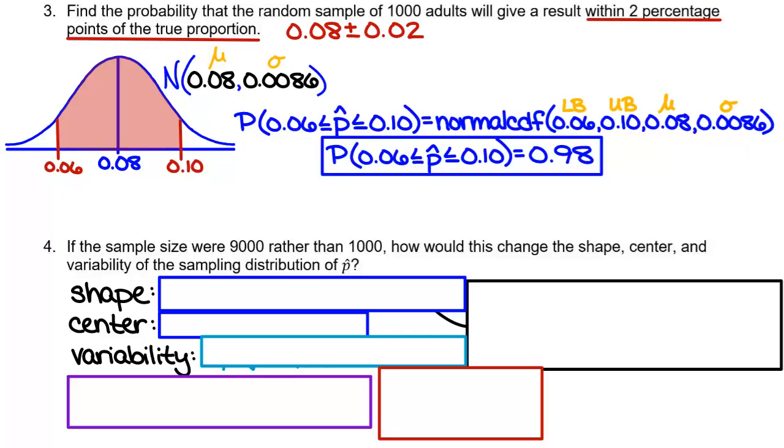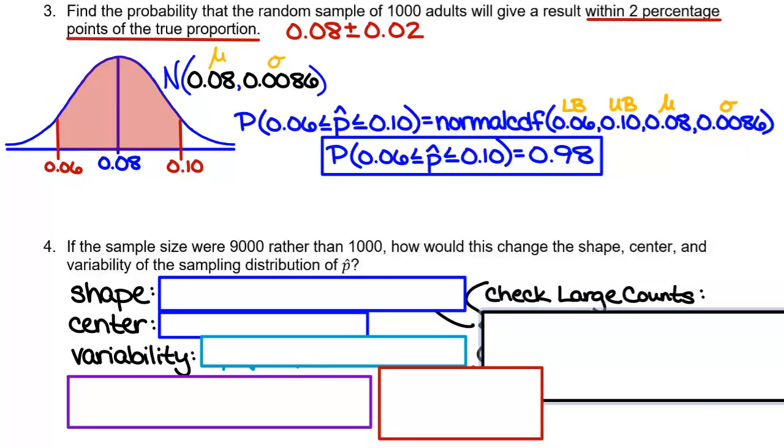Large counts. So what do I actually calculate to check my large counts? The probability of success times population is greater. Yes. N times P is greater than not 0.10, but 10.